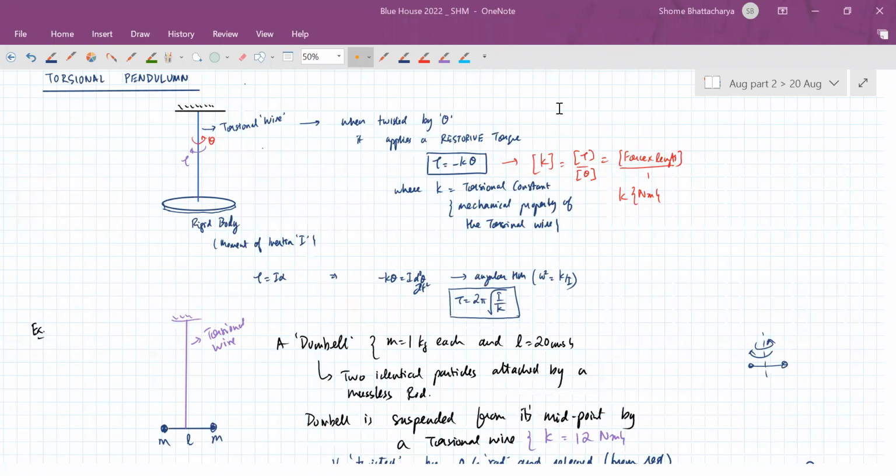In linear motion, the moment you disturb the block from the equilibrium position, the spring applies restorative force, and potential energy is converted to kinetic and back and forth, and there's a linear harmonic motion, SHM. Like that here, the moment you twist it from the equilibrium position, there is a restorative torque, which is proportional to the angular displacement. When you twist it, you have stored elastic potential energy in the torsional wire, and that gets converted to rotational kinetic energy of the dumbbell, and back and forth, the energy oscillates.